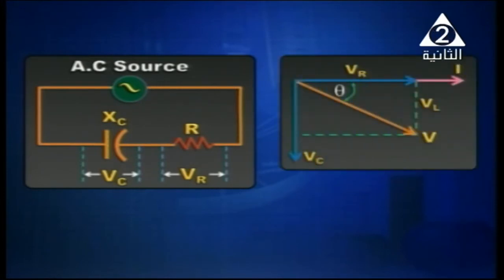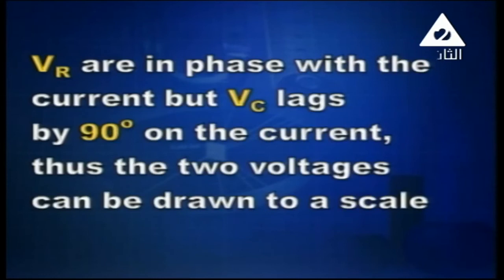Okay. Voltage and current are in phase in the resistor. But voltage lags by 90 degrees on the current when talking about the capacitor. So VR is in phase with the current, but VC lags by 90 degrees on the current.